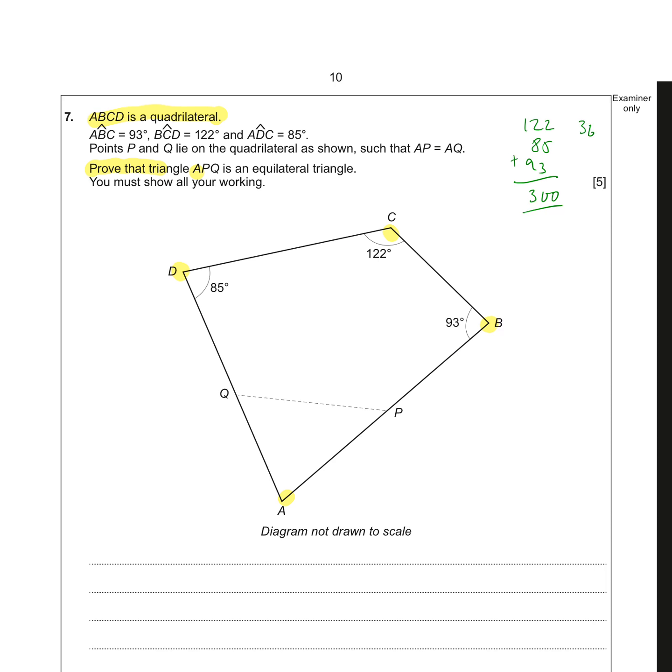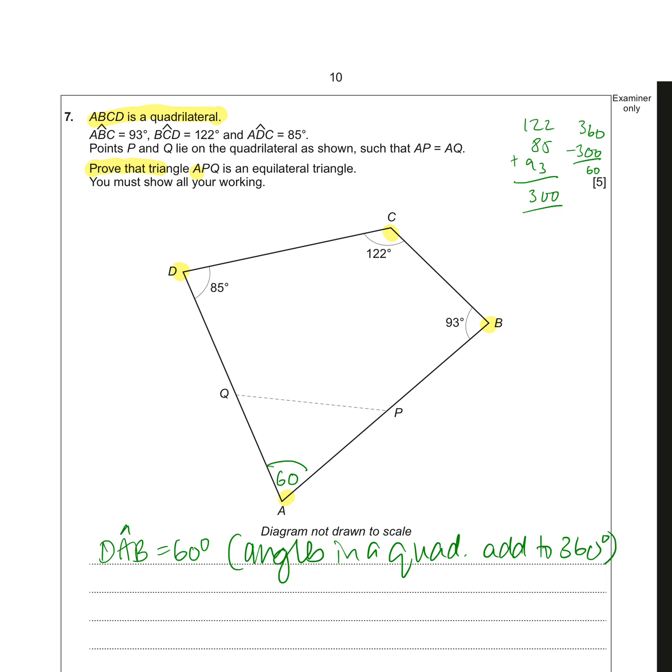So take off 300, I've got 60 left. So officially I'm going to put down here DAB is 60, and my reason is angles in a quadrilateral add to 360.